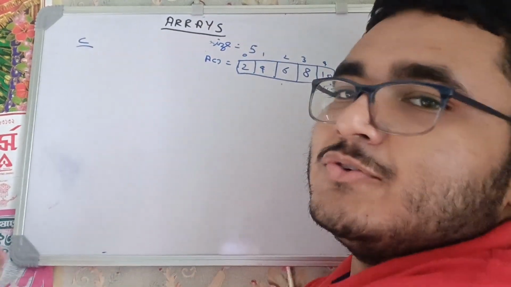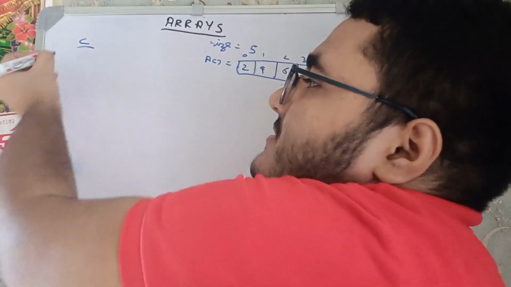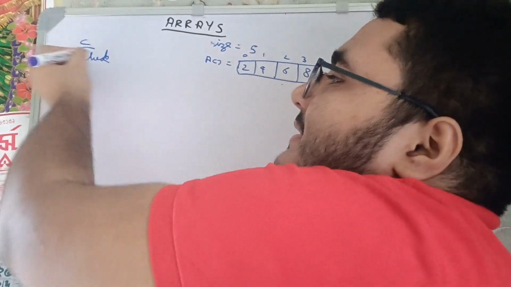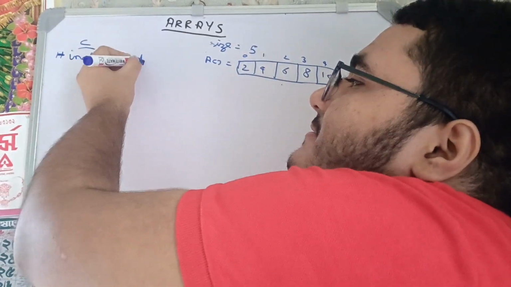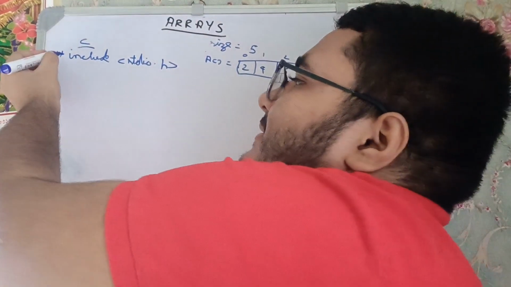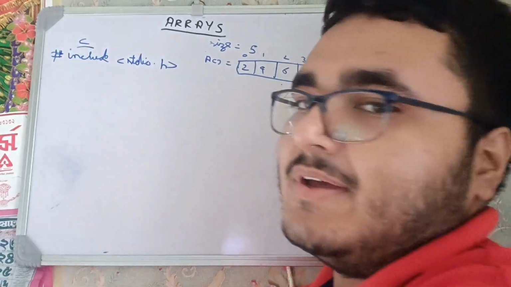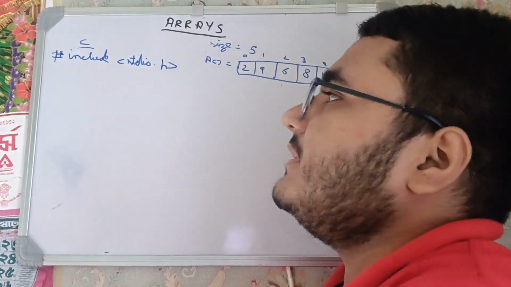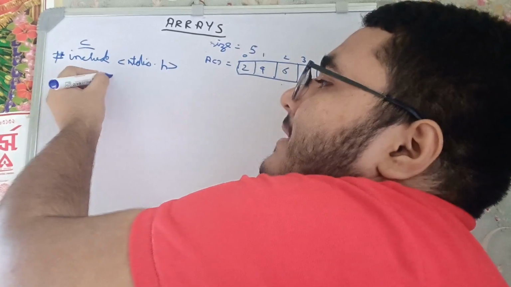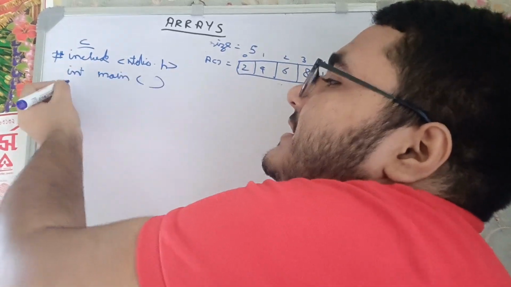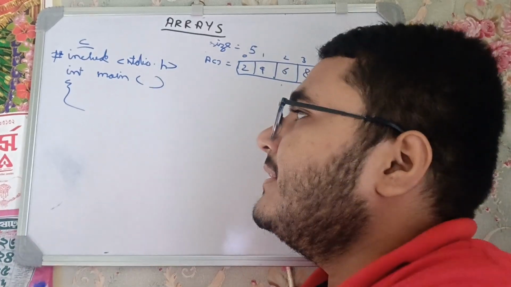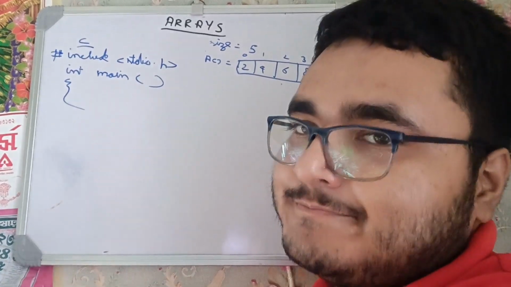So first you are going to declare the header files: #include stdio.h, right? And then you can write int main. This is the main function in case of C, right? You need to declare the array.